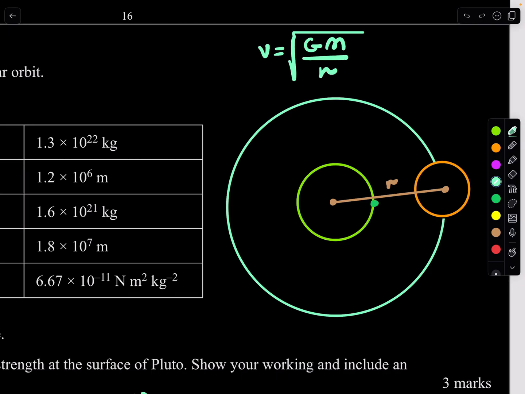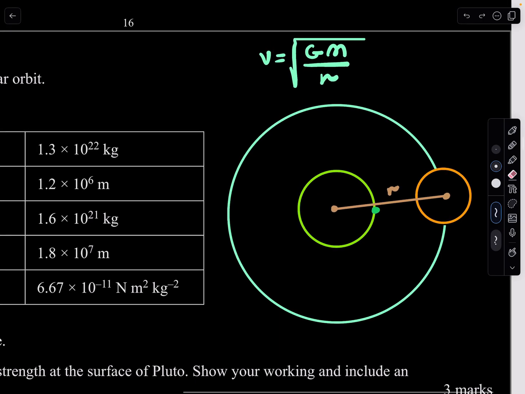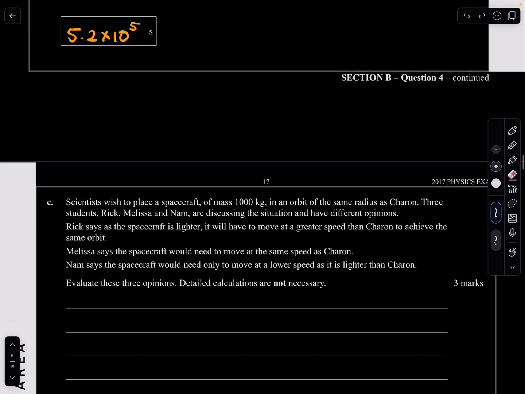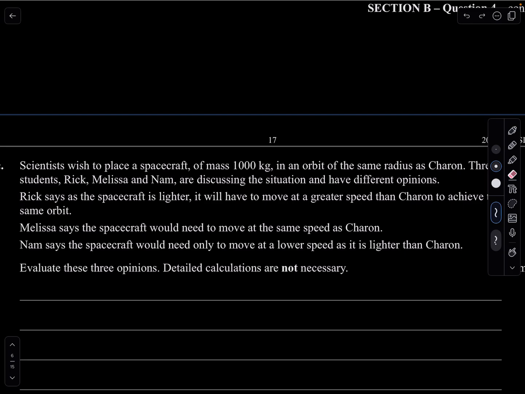You can have a bigger spacecraft, it wouldn't make any change if you put it at the same radius as Charon, or you can have a little teeny weeny one and it will still have the same velocity. It doesn't matter. That's what this formula is telling us, and it's very important to know that. So Rick is saying, let's evaluate it together. Rick says that the spacecraft is lighter, so it will have to move at a greater speed.